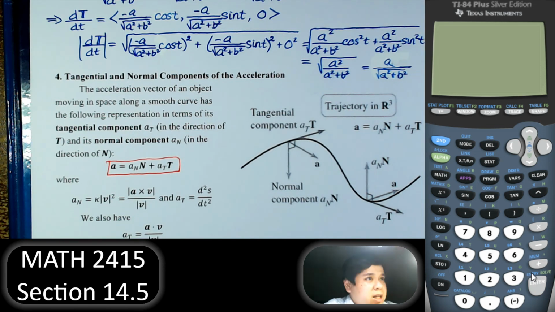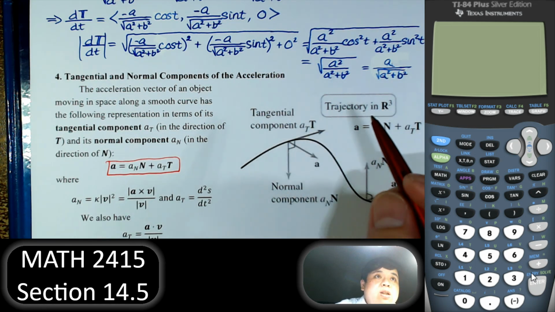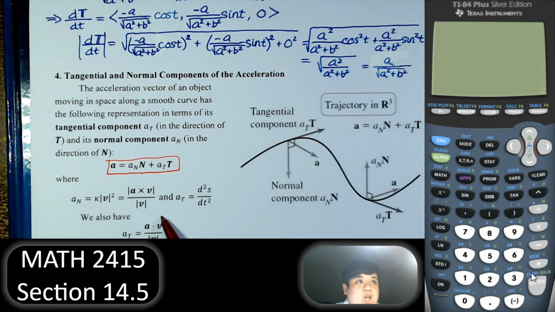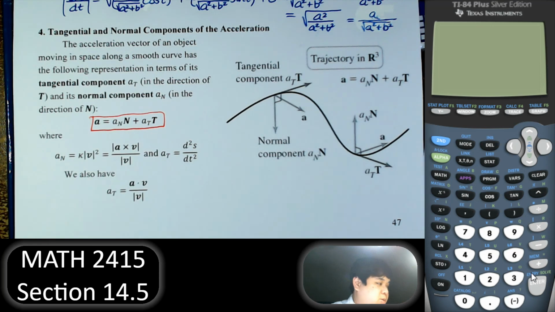Acceleration will be decomposed into two components, and of course we mentioned that T and N are orthogonal to each other, on the previous page. So we have a vector that we decompose into two orthogonal vectors.